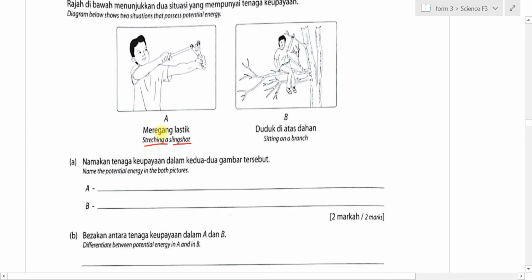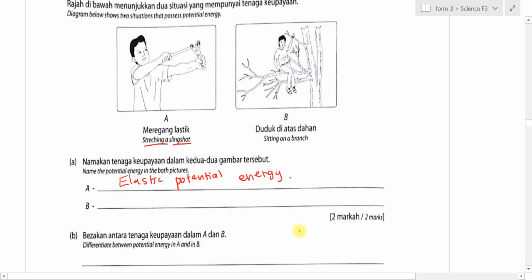Okay, for the first one, you are stretching a slingshot. Stretching or compression, compression or stretching, extension. You hear this kind of word, we immediately know it is the elastic potential energy. Okay, elastic potential energy. Can I write elastic energy? You can actually, but it is not advisable.